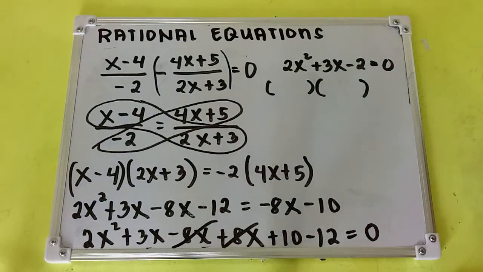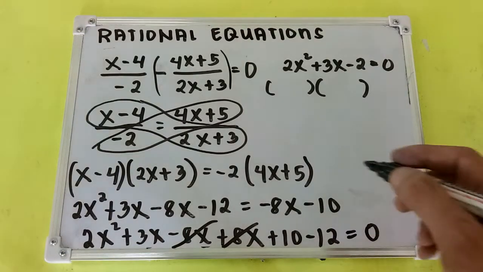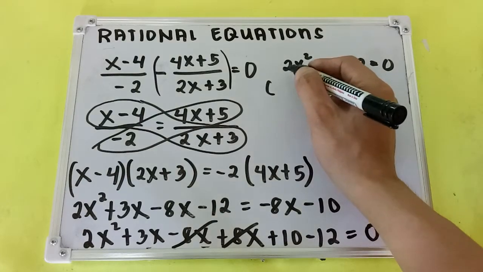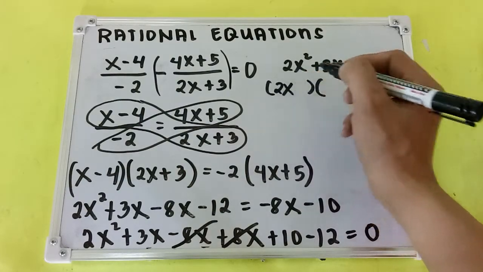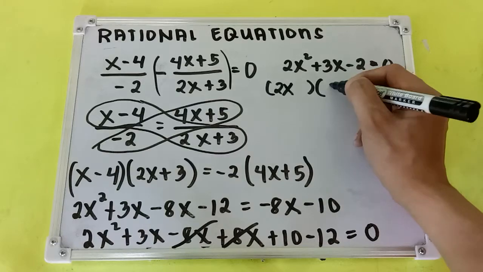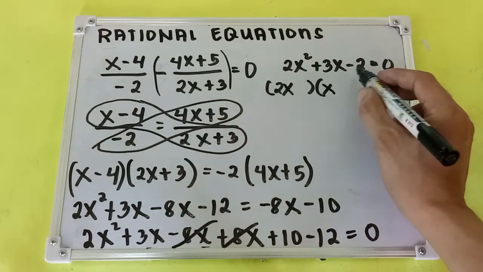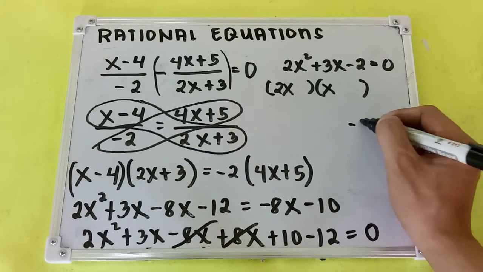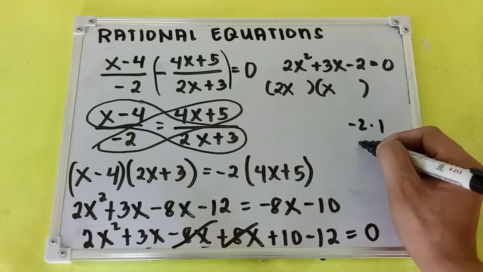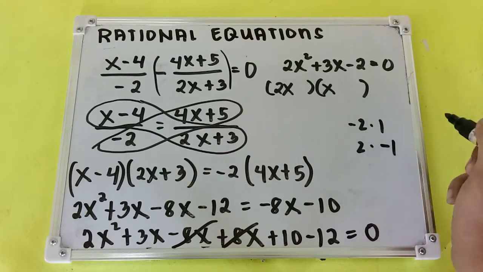So ang factoring ay nasa grade 9. So magtanong kayo sa grade 9 para malaman nyo kung paano ang process ng factoring. So ang factors lang naman ng 2x square ay 2x multiply by x. Ang factors ng negative 2 ay either negative 2 multiply by 1 or 2 multiply by negative 1.